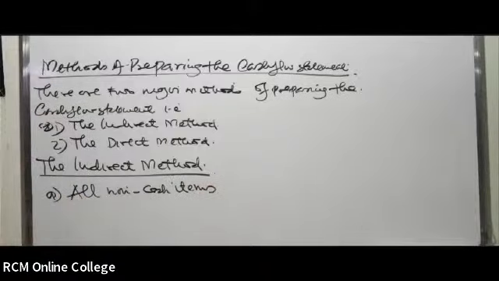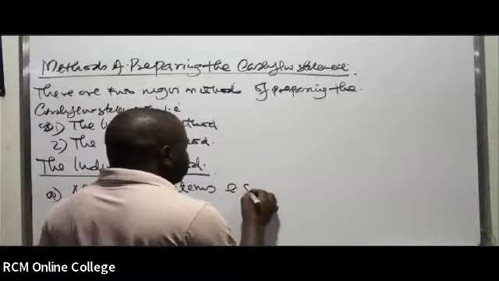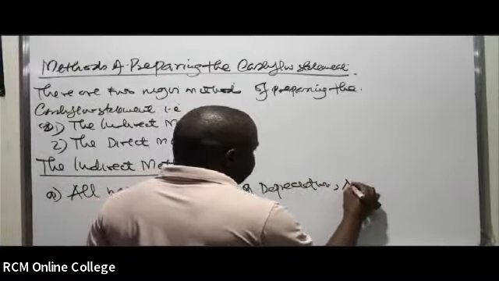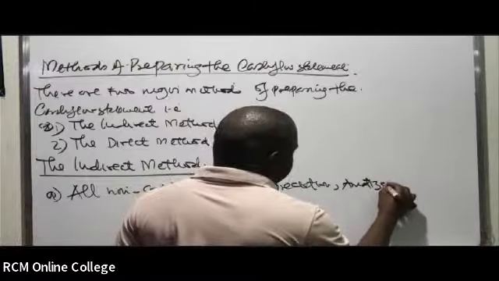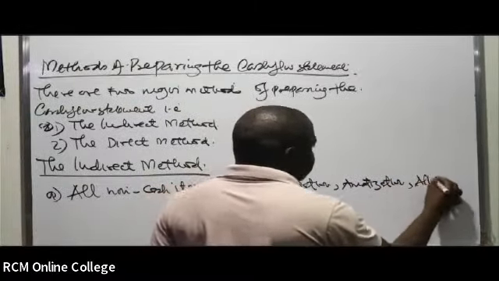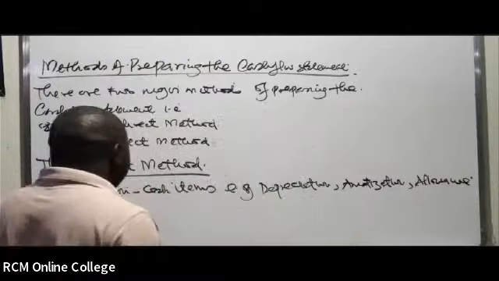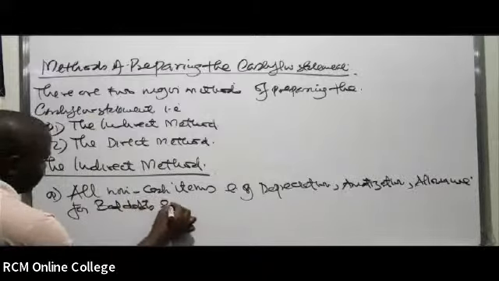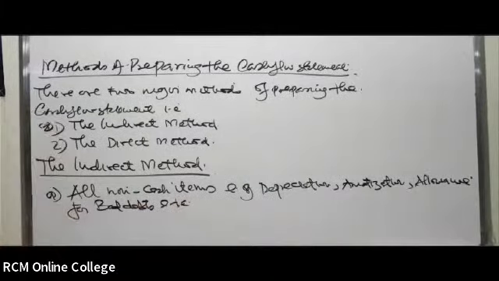So we start with the profit before tax. Then on this profit before tax, you adjust all non-cash items, e.g., depreciation, amortization, allowance for bad debts, etc.